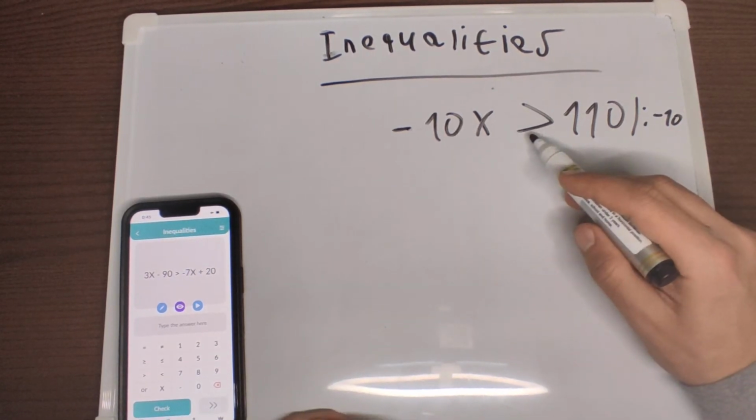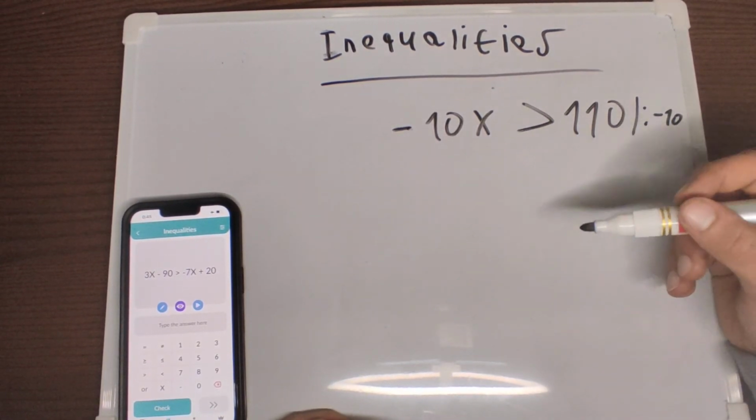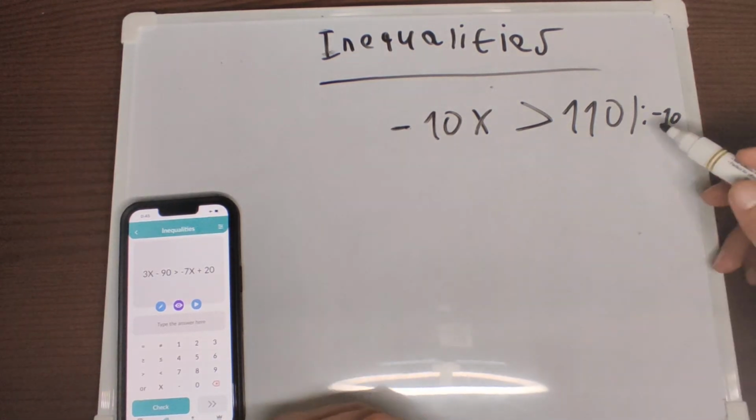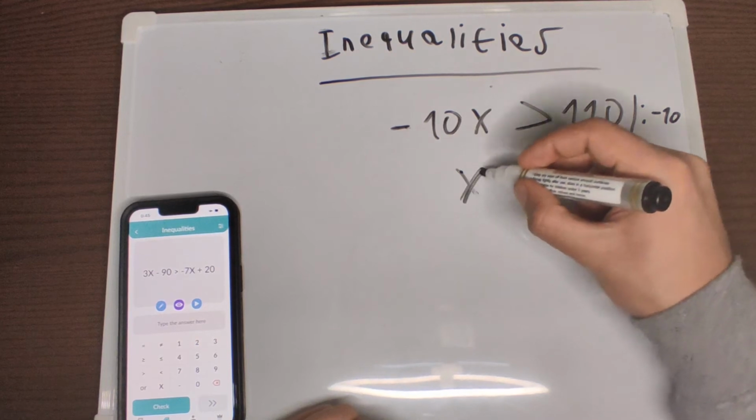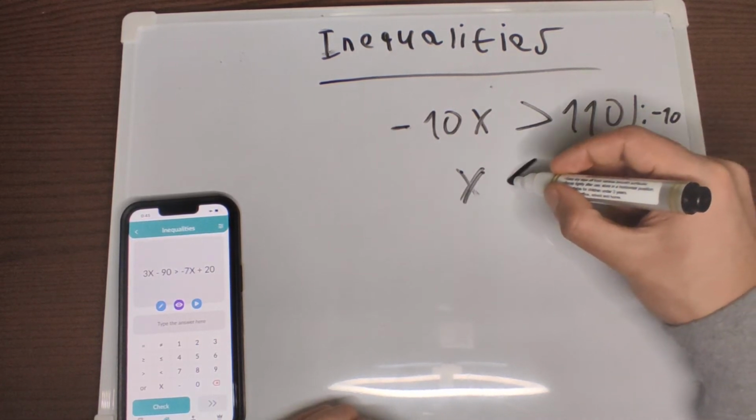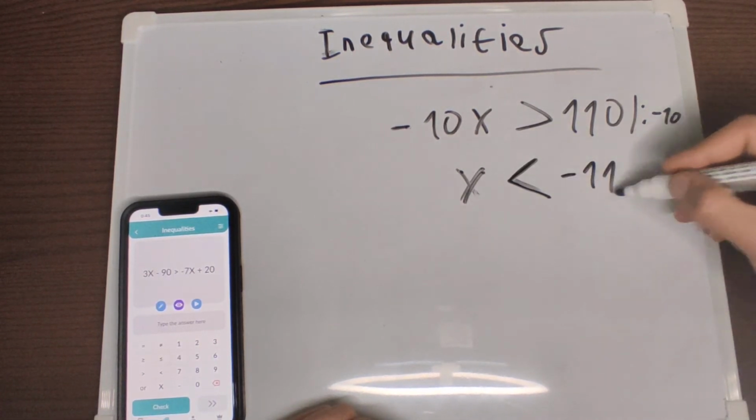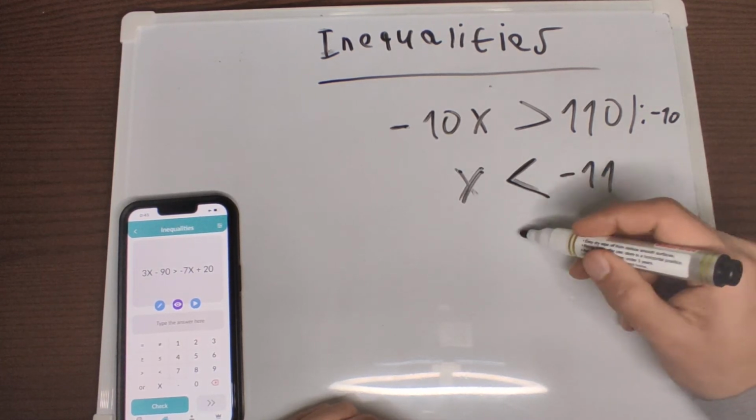So a bigger would become lower. So when we divide it by minus 10, x is lower than minus 11, not bigger than.